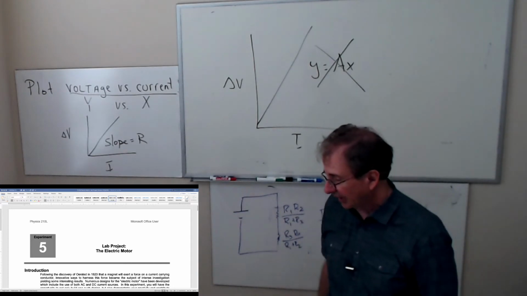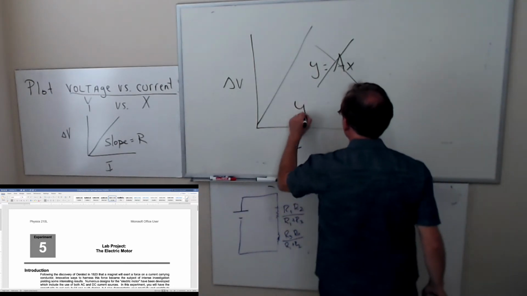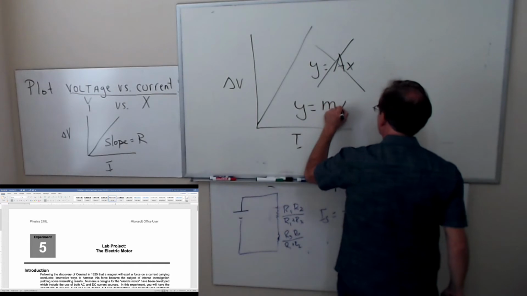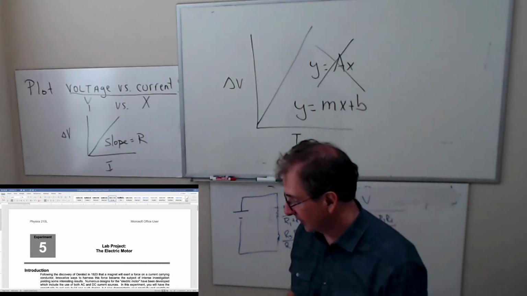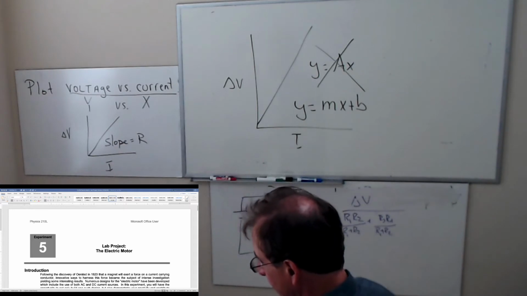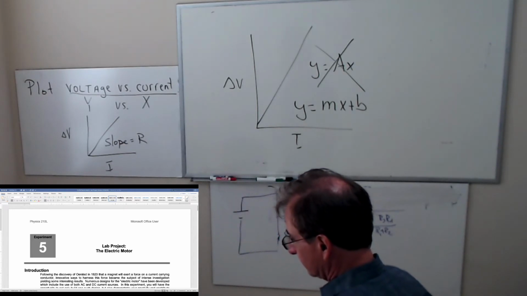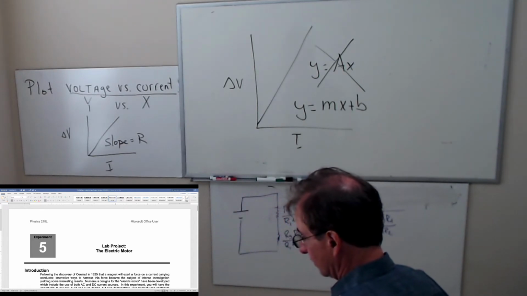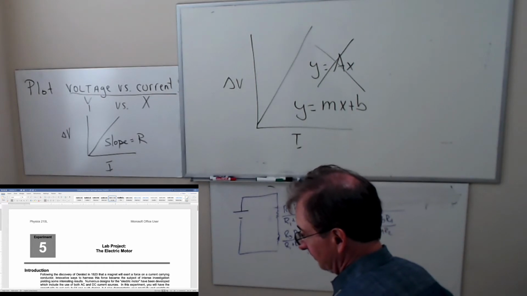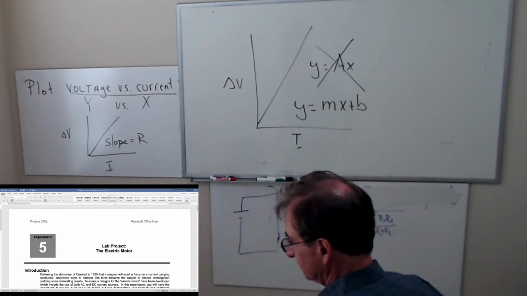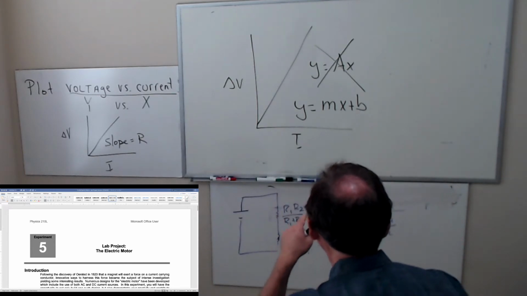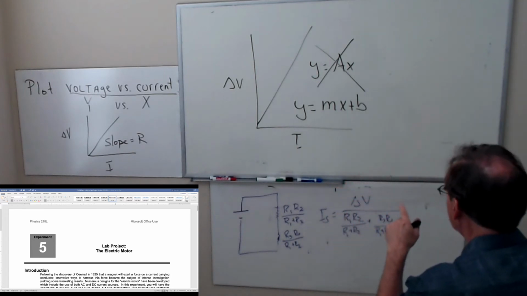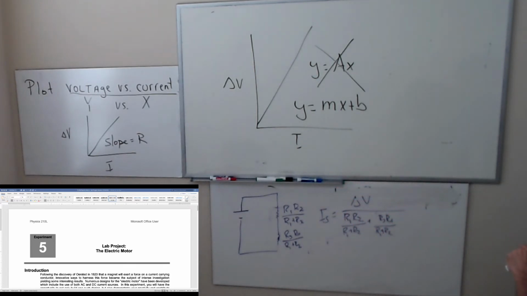I say plot this. Do a fit to this function. Why do I say that? Why would I say use the second one, not the first one?